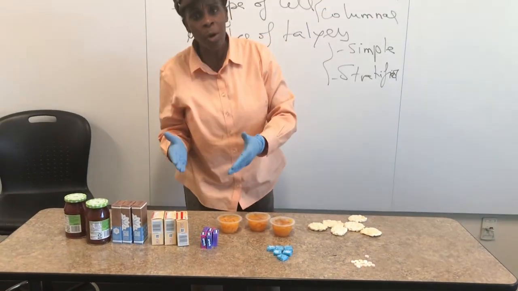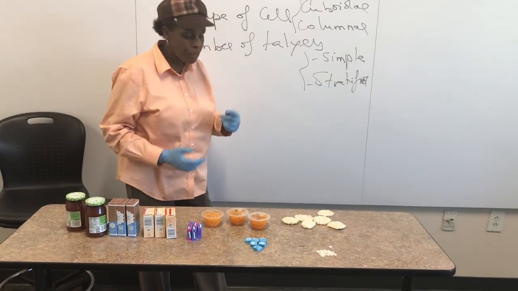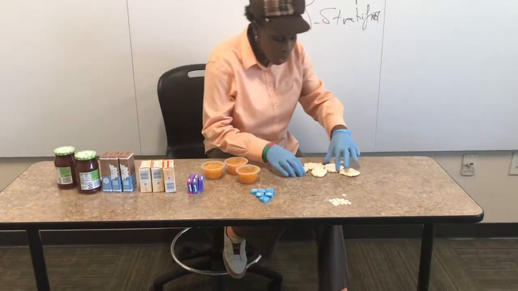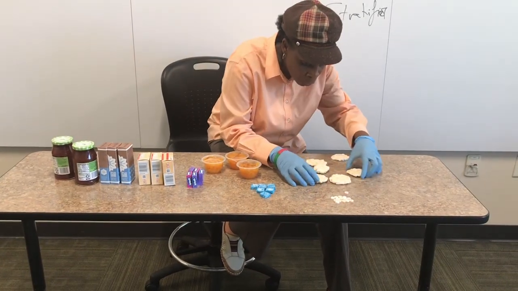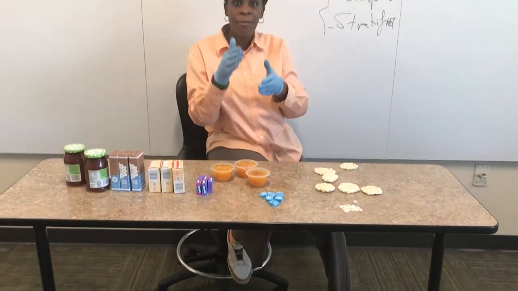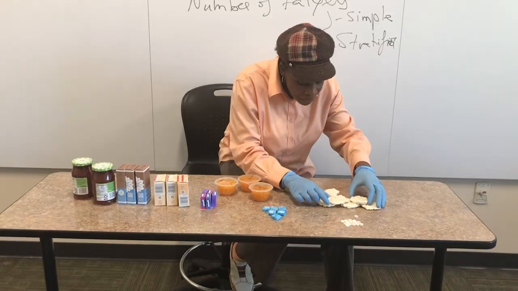Now, based on the number of layers, we can have simple, which will be just one layer. For example, simple squamous will be only one layer of squamous cells, like this. But stratified squamous will have more layers on top of each other, like this.